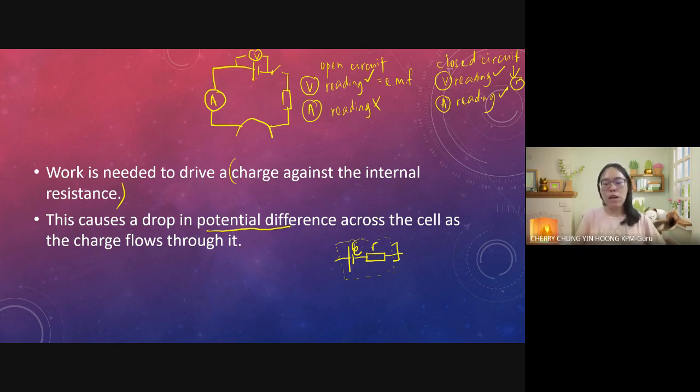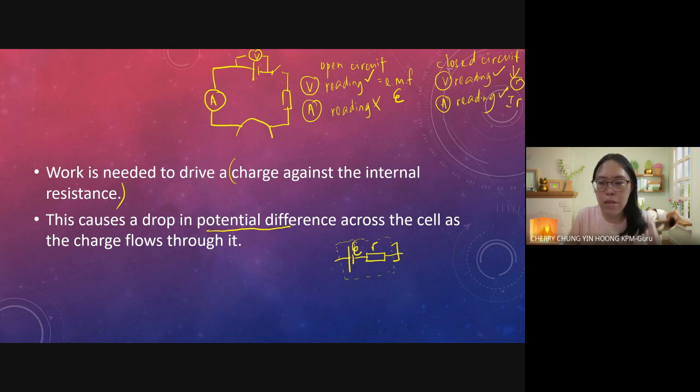So in other words, what you catch here is your EMF, and what you catch here is your voltmeter reading, which is the one caused by the internal resistance.